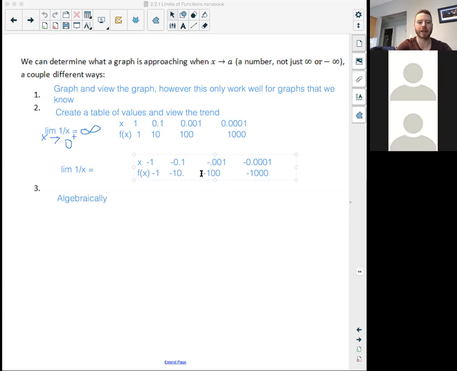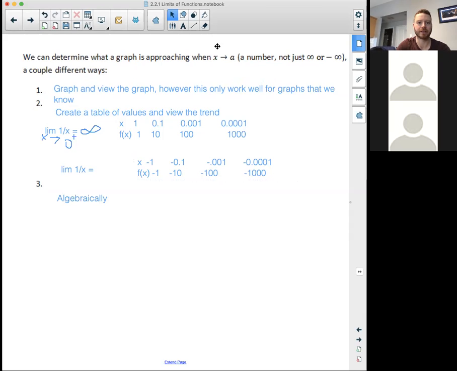Okay. And again, this is just showing that as x approaches 0 negative, so from the left, the limit is equal to -infinity.